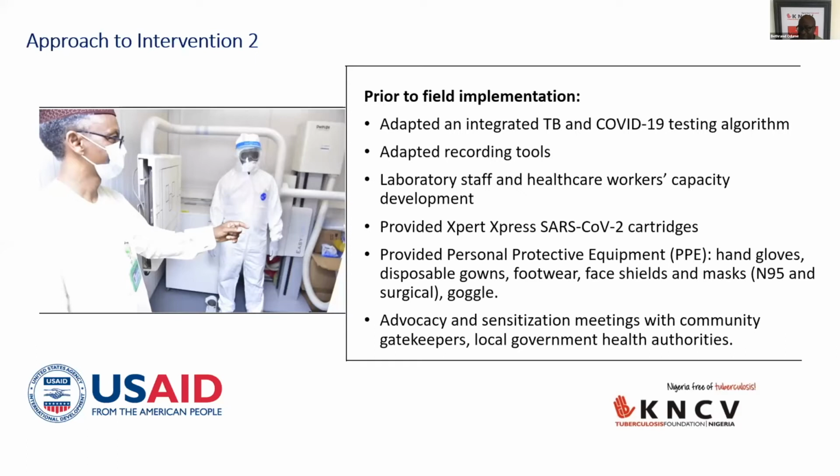We also provided the personal protective equipment needed for multiple stakeholders, and these were deployed to other GeneXpert sites, and equally made provisions in the two Wellness trucks that have been deployed for the integrated testing.